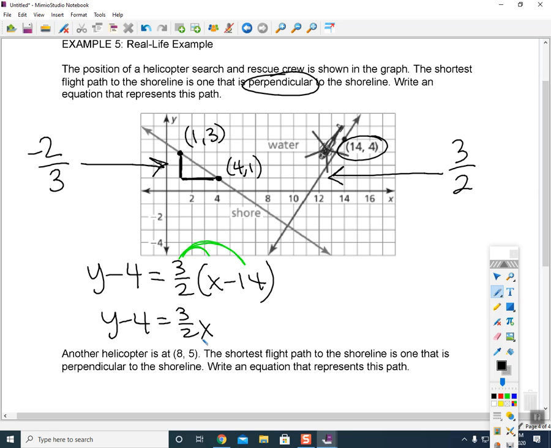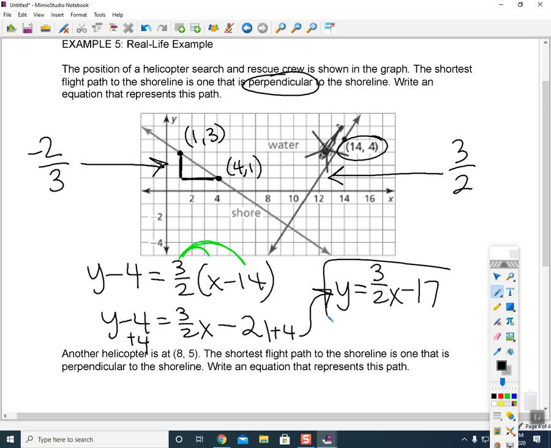So 1 1/2 times 14 is going to be 21, or 14 plus 7. So minus 21. Add 4 to both sides. I'm left with y equals 3/2 x minus 17 is what that comes to.